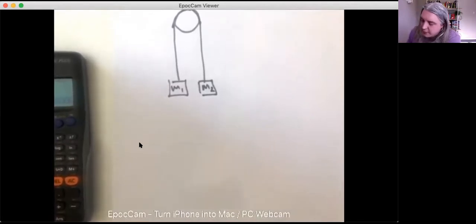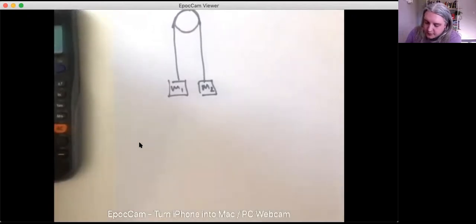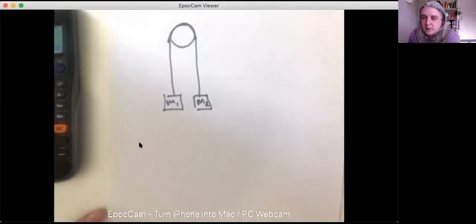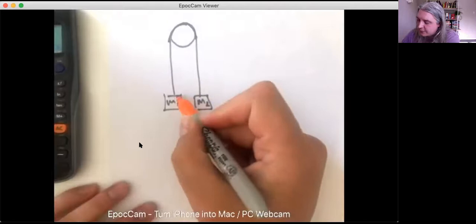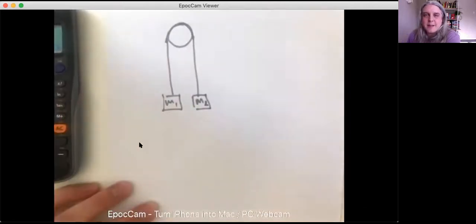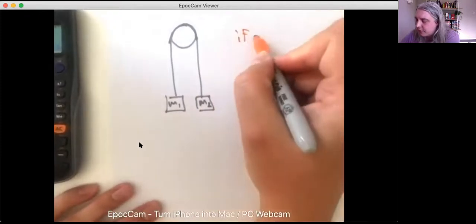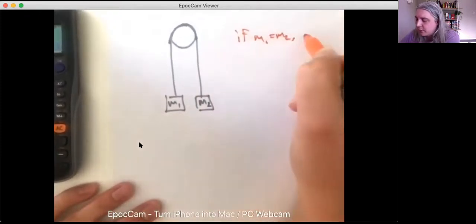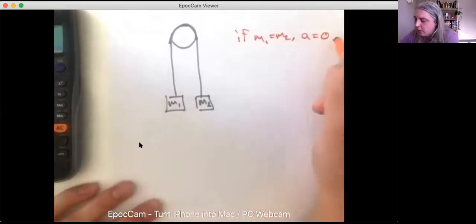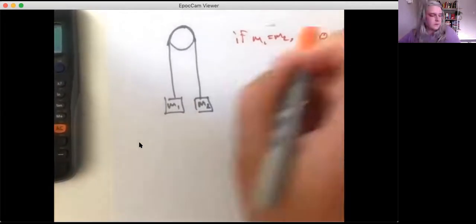Right. Before we start thinking about all of the actual equations, let's think about a bit of common sense. What do we expect to happen? If we let this go and these two masses were exactly the same, we'd expect them not to move. So if M1 equals M2, then the acceleration would be 0 meters per second per second.